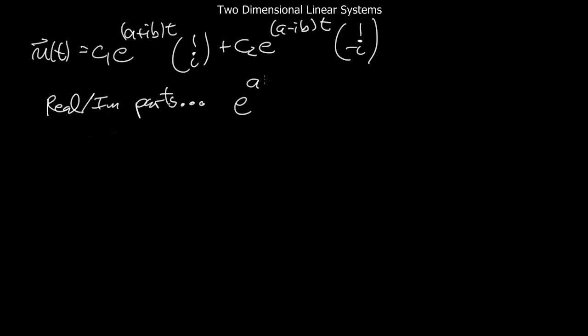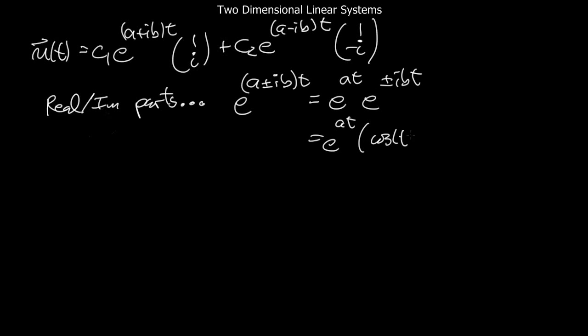I'm not going to give all the details of this, but e to the (a plus or minus ib)t is e to the at, which is real, times e to the plus or minus ibt, and that is cosine bt plus or minus i sine bt. And so that gives you the real and imaginary parts of that term.